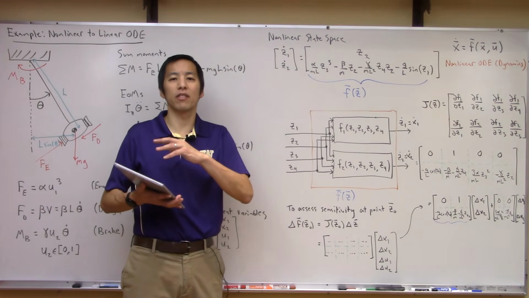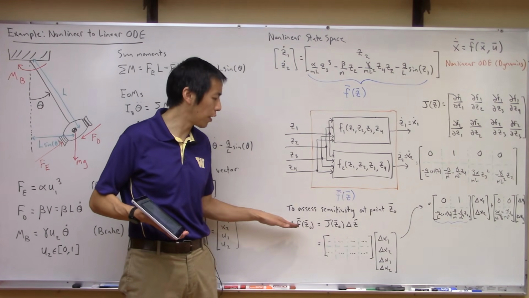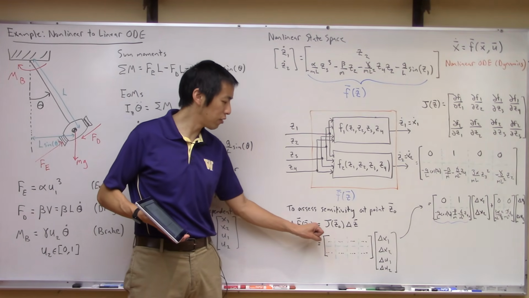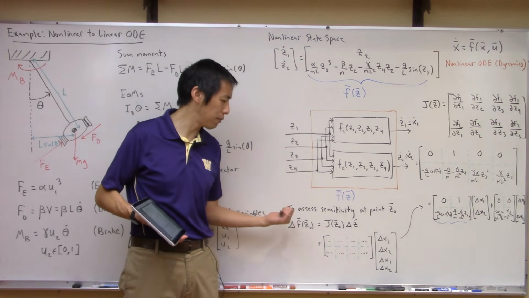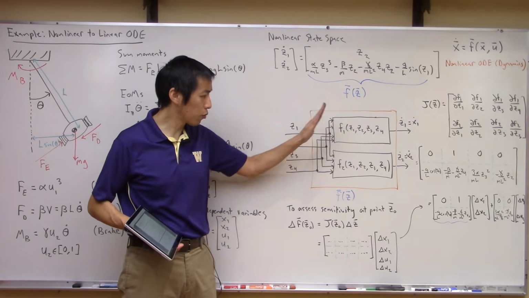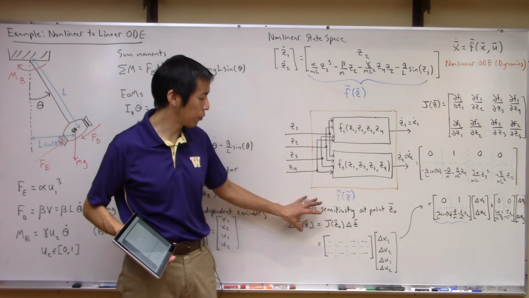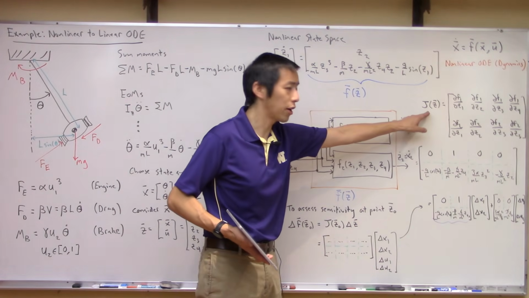Again, this is just the higher dimension vector valued interpretation of a derivative. A derivative is basically saying the change in the output is the slope times the change in the input. That's all this is saying in matrix form. So maybe what we should do is calculate this Jacobian J. I'm going to do that over here.